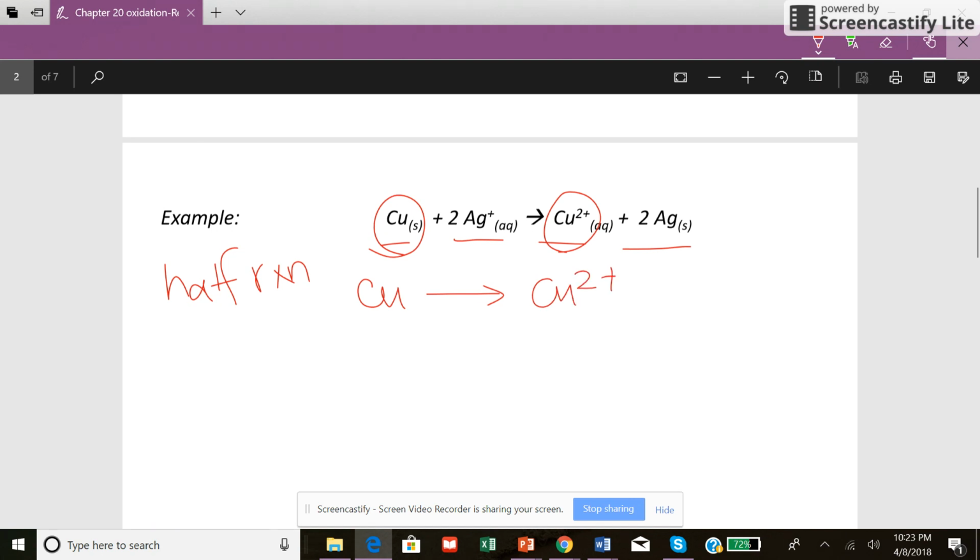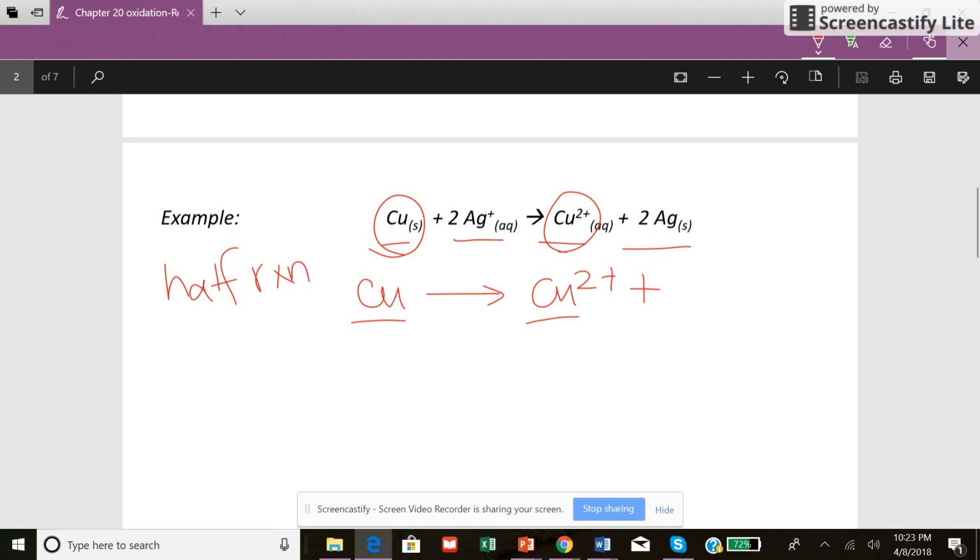You can see that you have one copper on each side. The mass is balanced, but the charge is not balanced. So we have to balance the charge also, because on this side the net charge is equal to 0, and over here the net charge is 2 positive.